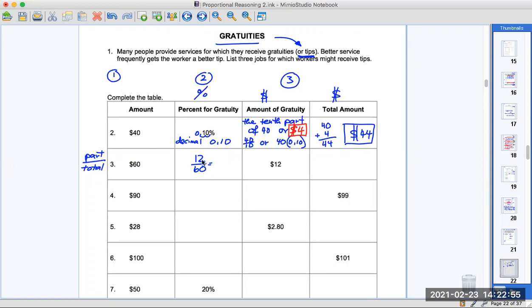Please do that now. 12 divided by 60. Part over total. 12 over 60 is 0.2 or 20%.